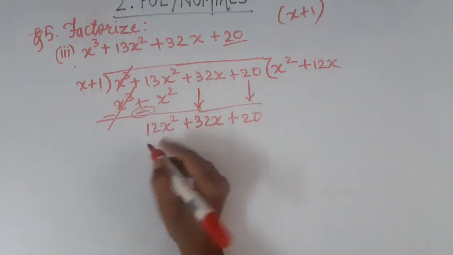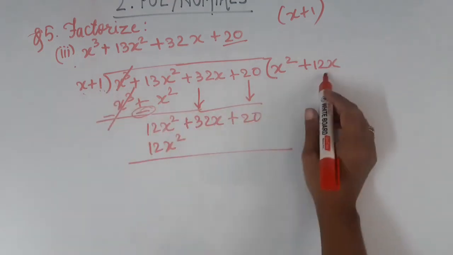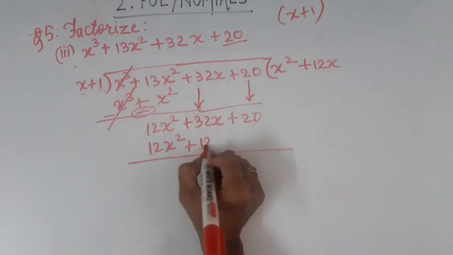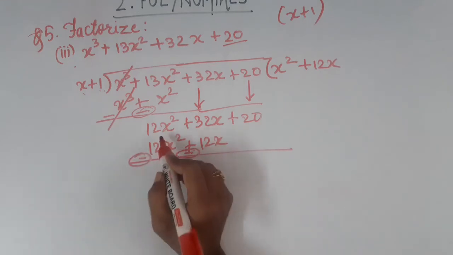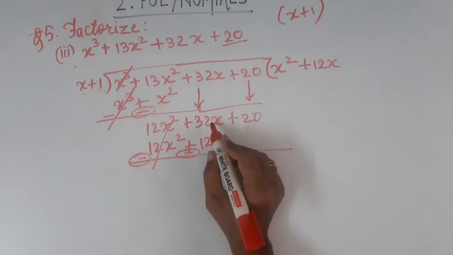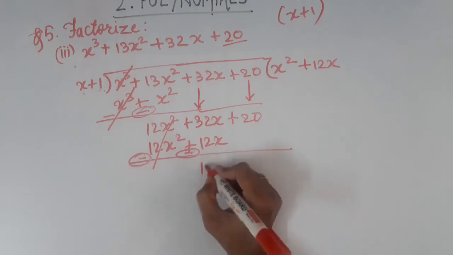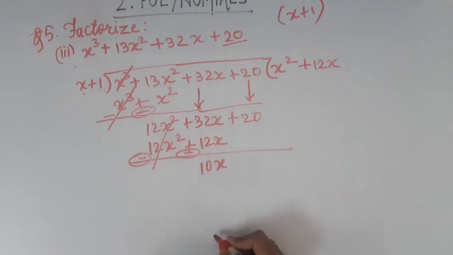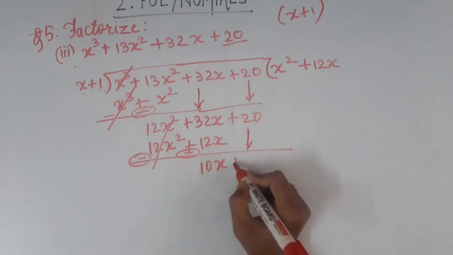X into 12x, I'll get 12x square. And 1 into 12x, I'll get plus 12x. Change the sign. Now you will consider the negative. 12x square minus 12x square. Cancel. 32x minus 12x, I'll get 10x, because greater number is having plus sign. And this plus 20, take it down.